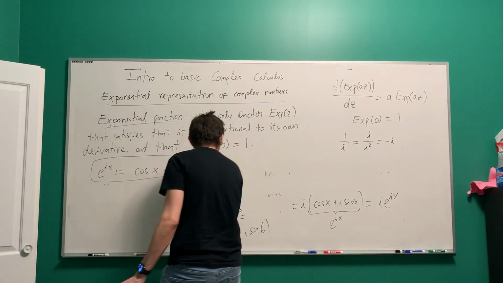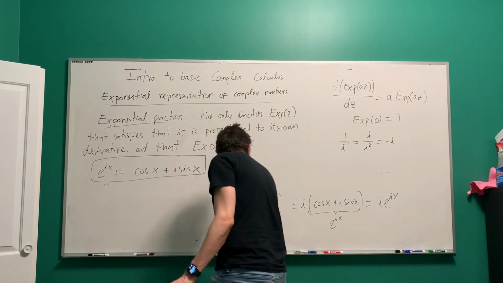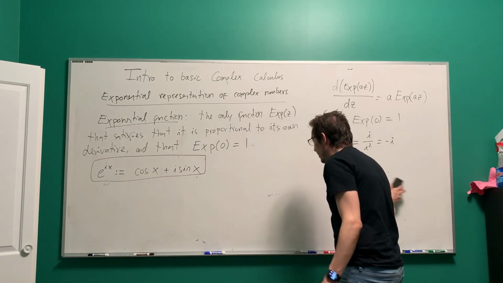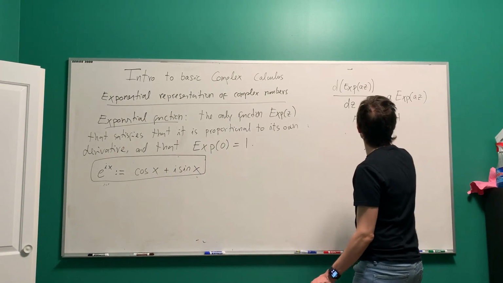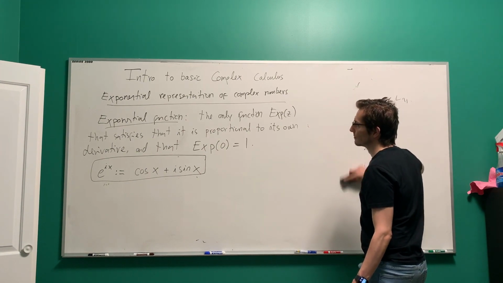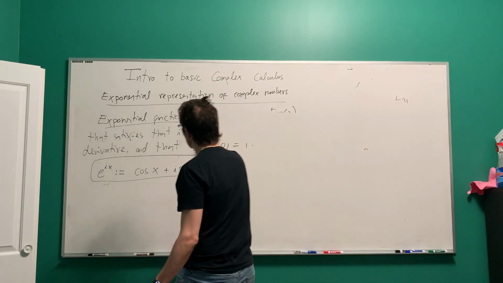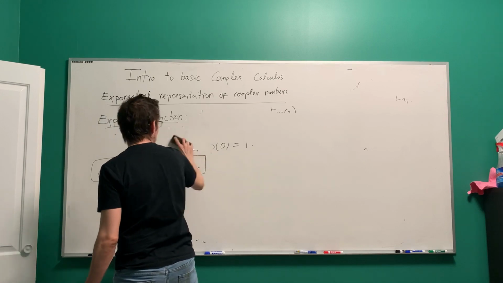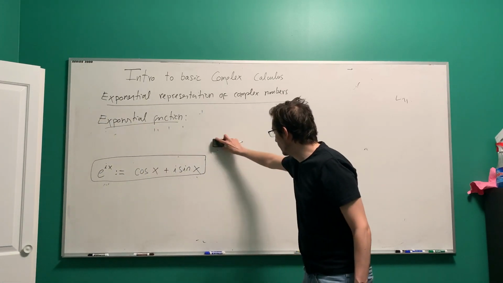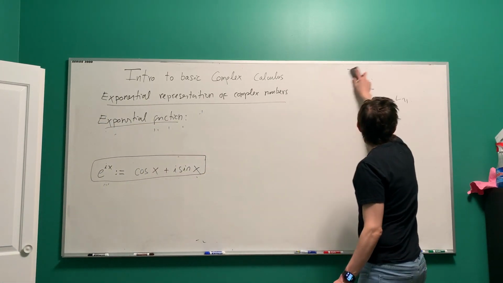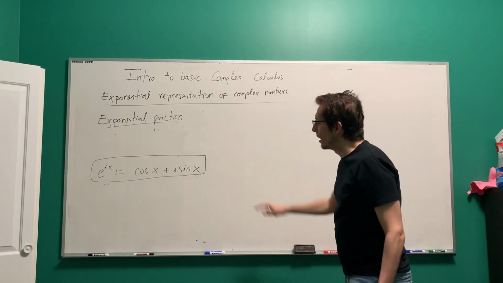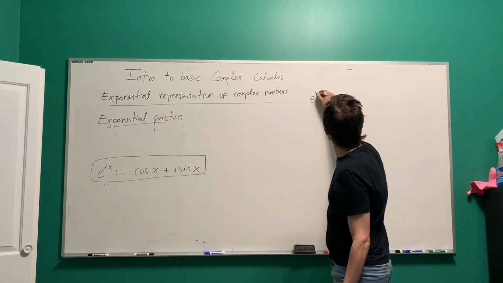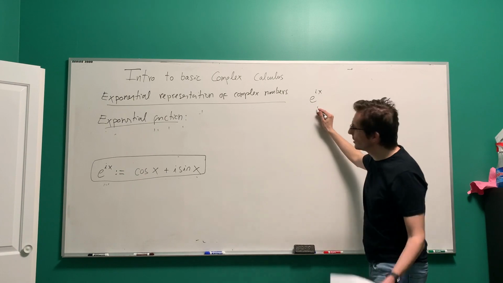Now, interesting fact. I'm going to erase this. Given that the exponential has this definition, one thing that we can do with the exponential of an imaginary number is realize the following. I'm going to write this, e to the ix, and here the conjugate.